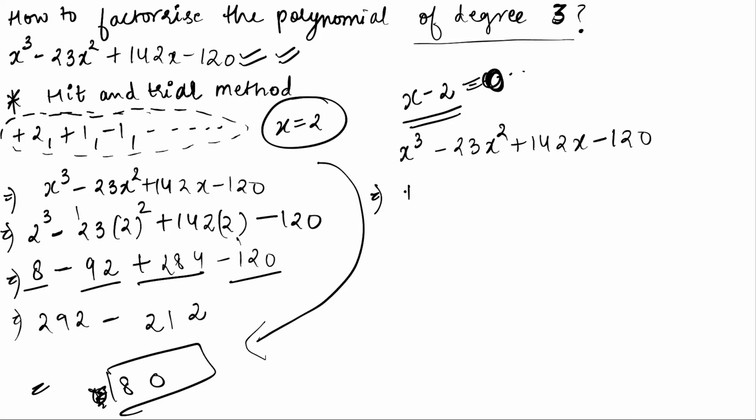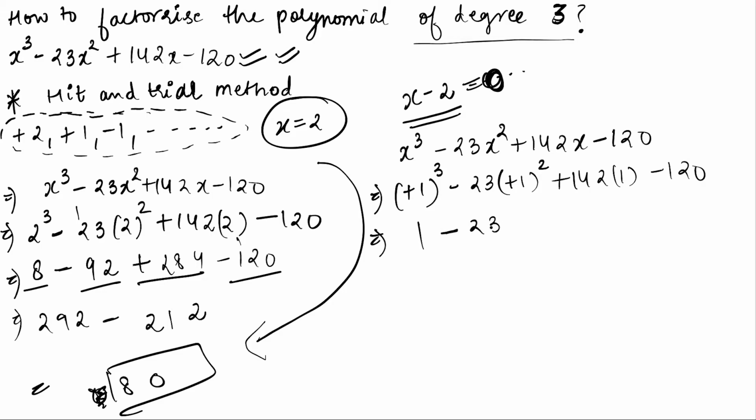If I try putting plus 1, let's see what we get. Here we will be getting 1 minus 23 into 1 is 23 plus 142 minus 120.